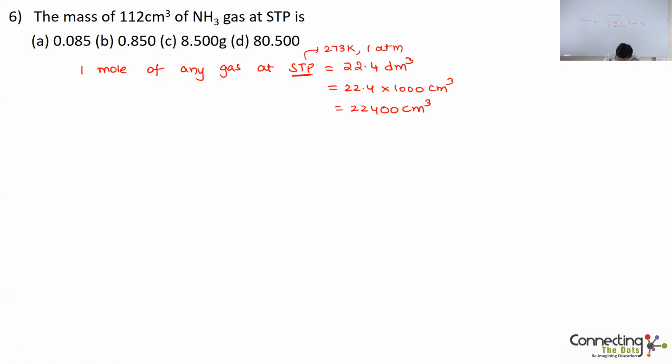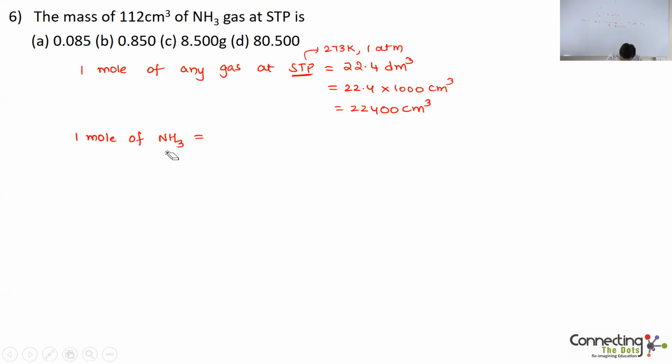Now, 22,400 cm³ is nothing but 1 mole. So you can correlate the values to the given question. From this we can say that 1 mole of ammonia is equivalent to its molar mass.